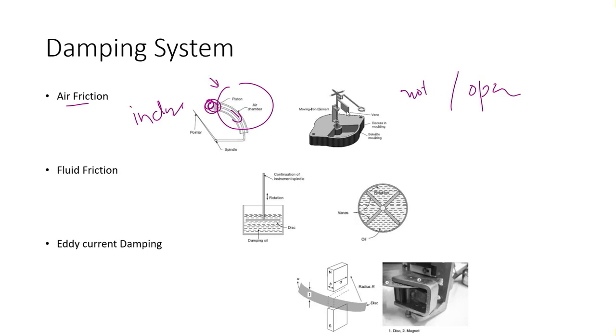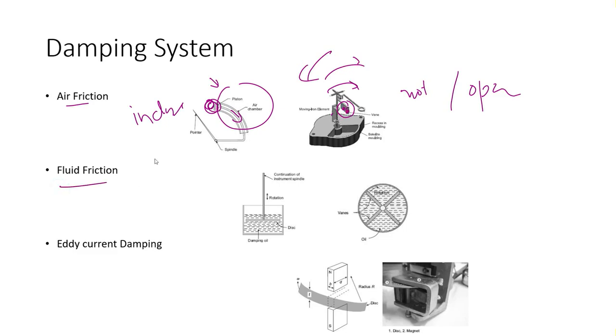Similarly, in an open system, we have, let's say, a fin of metal. When this instrument goes faster, air strikes this plate, and it makes this thing go a bit slower. So both on this side or on this side, this will be reducing the speed of this movement.